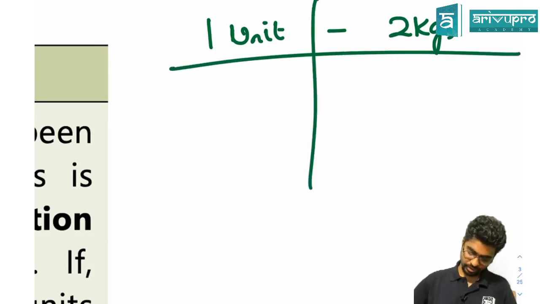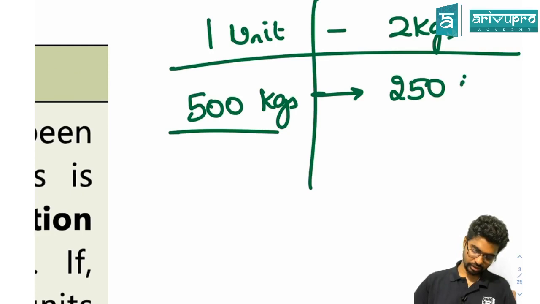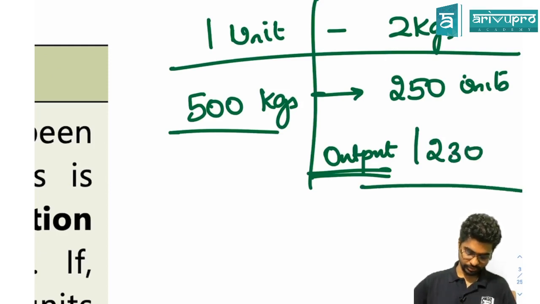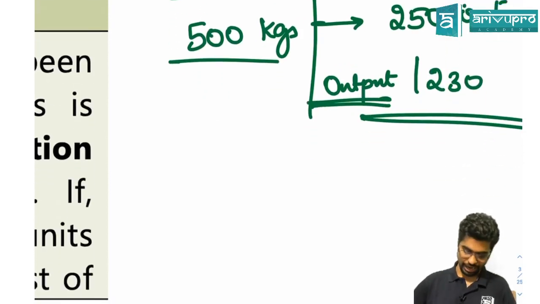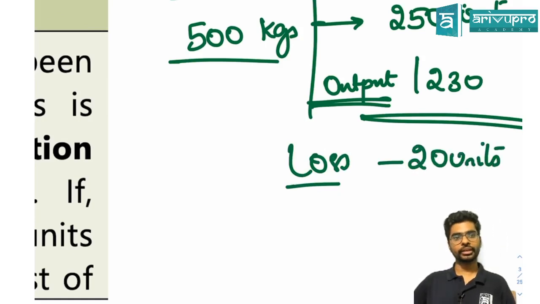That means with 500 kgs, I should have how many units of output? 250 units of output. Whereas my output is 230. Therefore, I have a loss of 20 units.